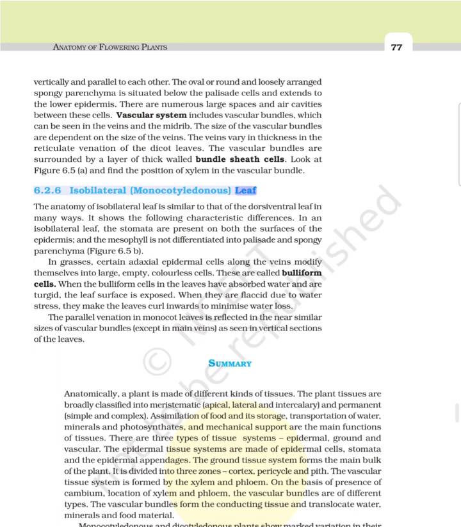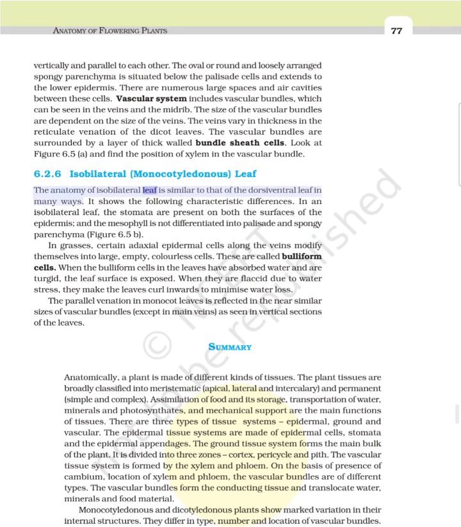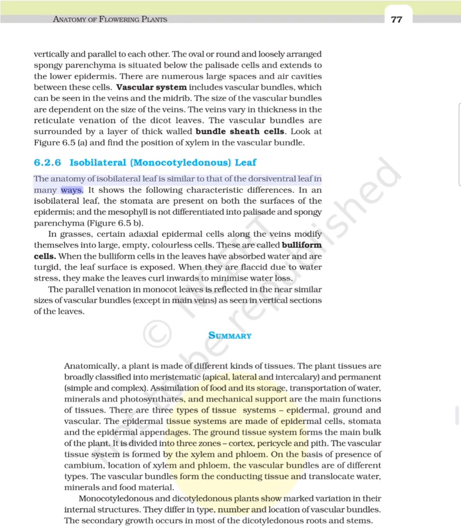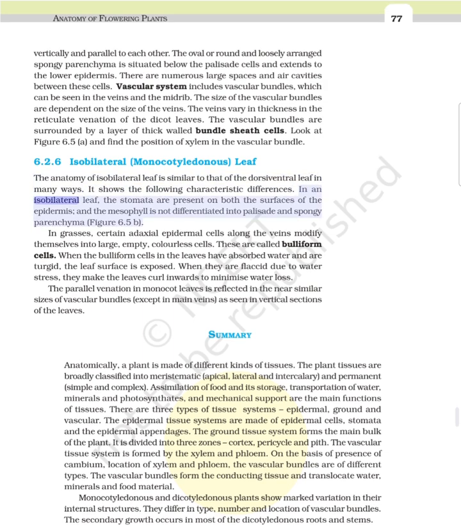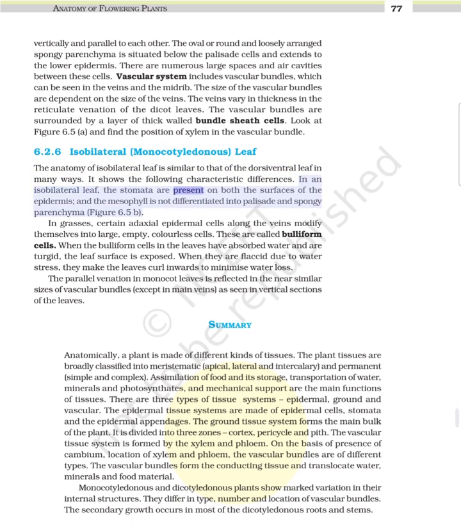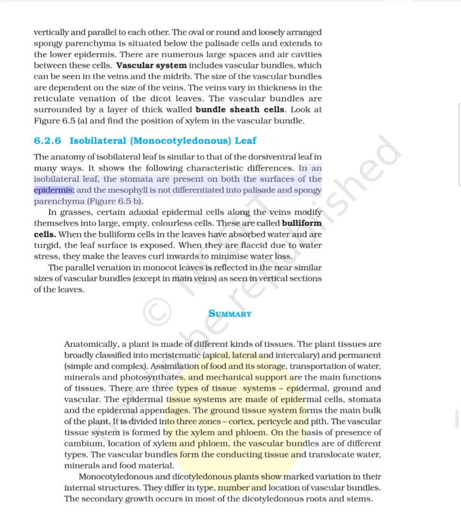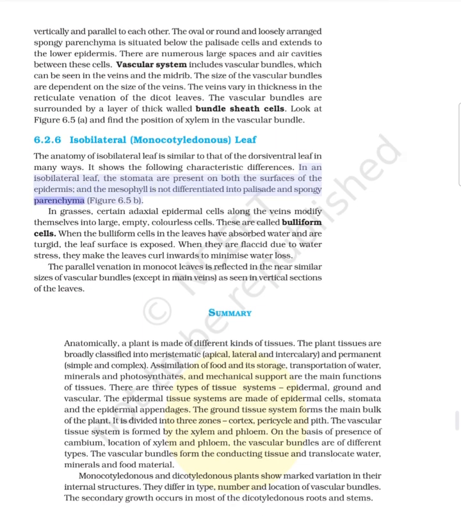6.2.6 Isobilateral leaf. The anatomy of isobilateral leaf is similar to that of the dorsiventral leaf in many ways. It shows the following characteristic differences. In an isobilateral leaf, the stomata are present on both the surfaces of the epidermis, and the mesophyll is not differentiated into palisade and spongy parenchyma.